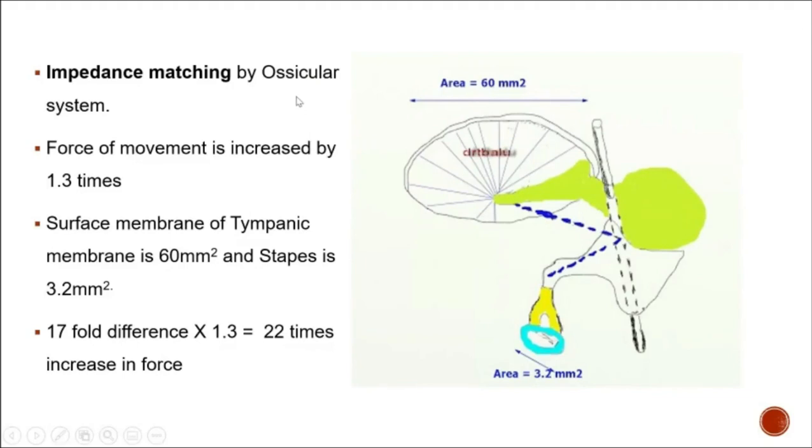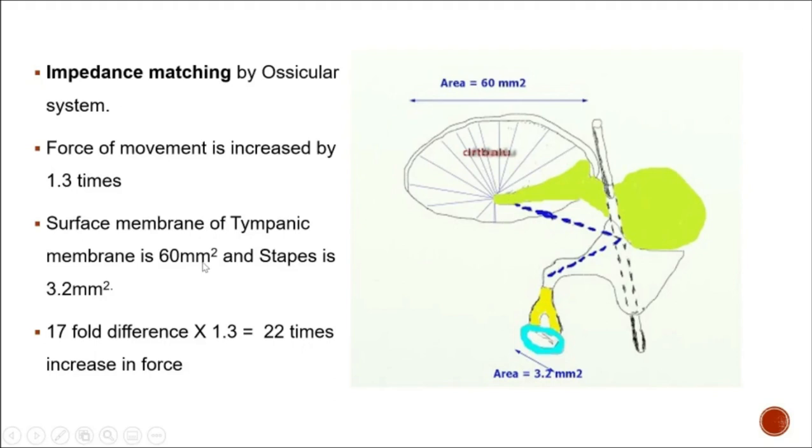Then the impedance matching we have just talked about is because of three things: the ossicular movement, lever action, and the change in the surface area. So what we have seen is the force of movement is increased by 1.3 times. F2 is increased because of the lever action of the ossicles.